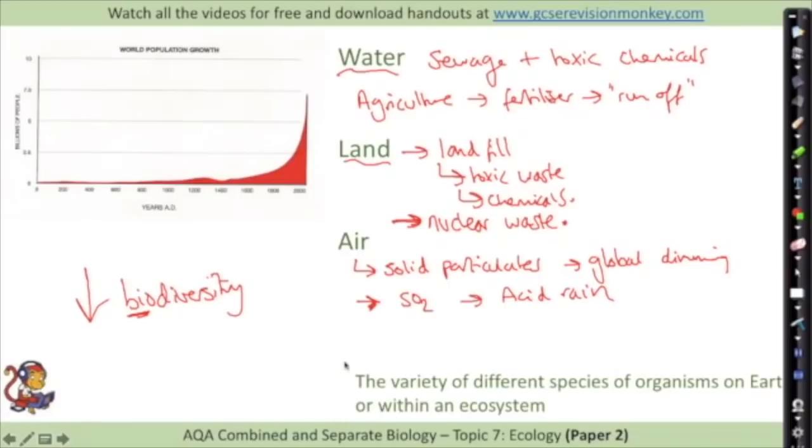However, our impact on the water, land and air ultimately is reducing that biodiversity by causing local populations of animals and plant life to become extinct. And this is the definition for biodiversity that you need to know: the variety of different species of organisms on Earth or within an ecosystem.